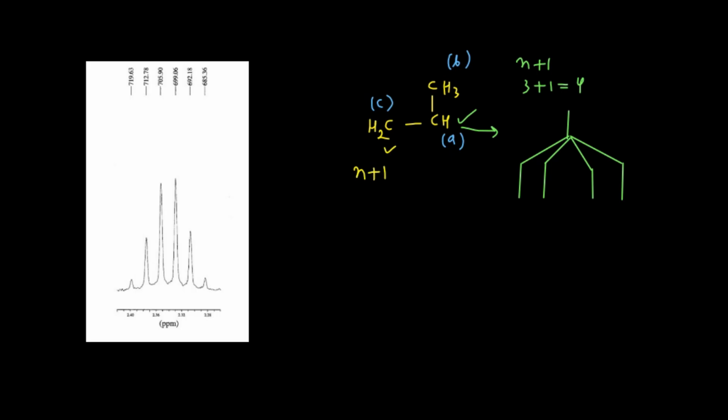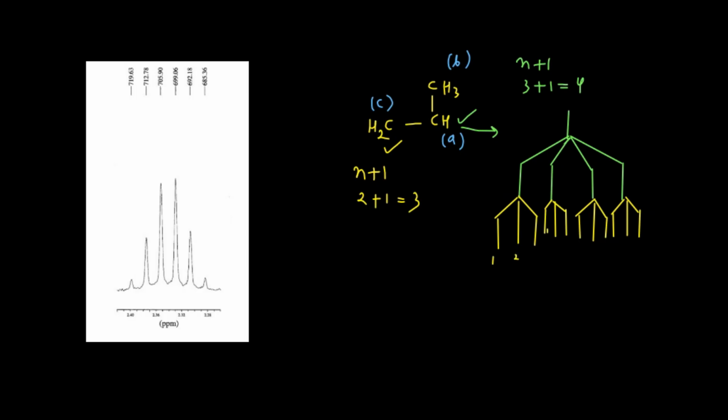Now the neighboring hydrogens are 2, which gives you 3, so each peak will now split into 3. How many peaks am I getting? 1, 2, 3, 4, 5, 6, 7, 8, 9, 10, 11, 12. 12 peaks basically we should get.